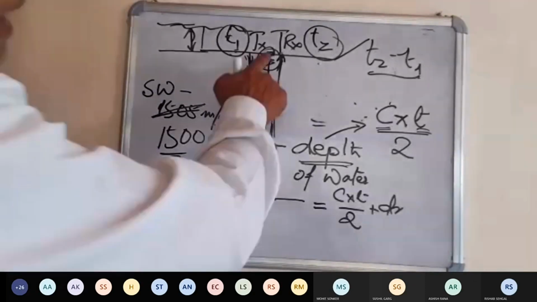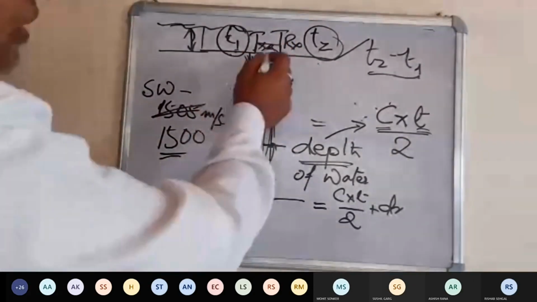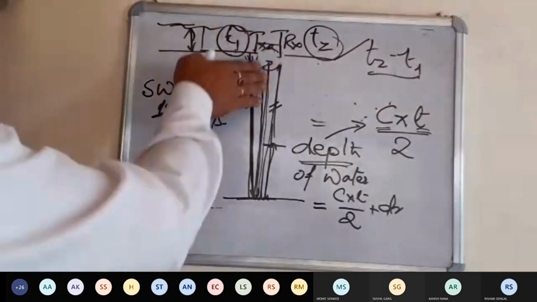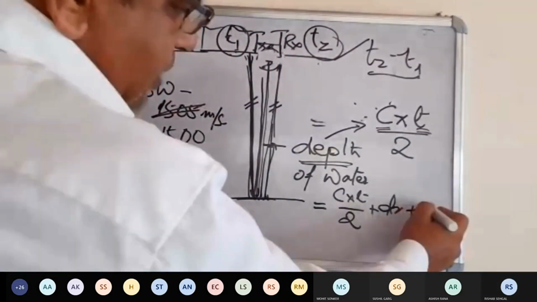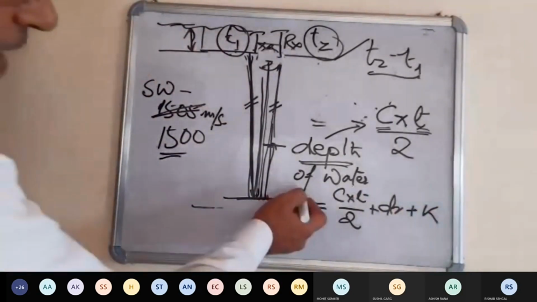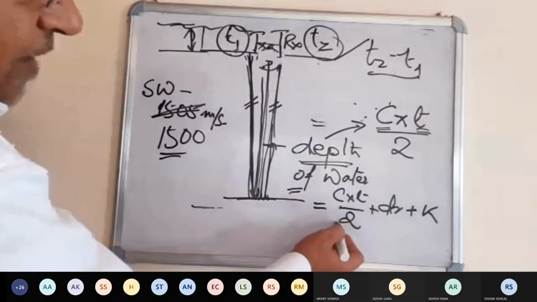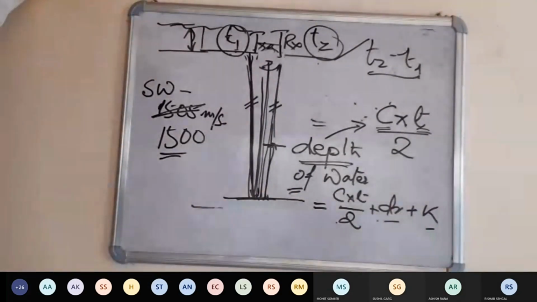Also, it is possible that the transducer is fitted slightly inside here or slightly protruding outside, so there will be some system constants that may be added to this. So the depth of the water is C into T by 2 plus draft plus the system constant K.